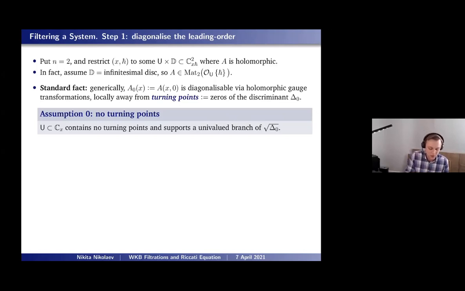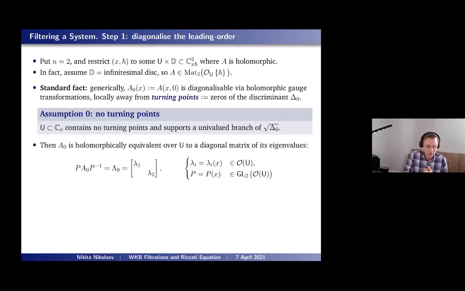Okay, so just to be completely concrete, if I am in such a situation, so U has no turning points and I'm able to choose a square root branch, that means the two eigenvalues of my matrix A naught are distinct holomorphic functions, univalued, no branching. And there is a holomorphic gauge transformation P which puts it into a diagonal form.